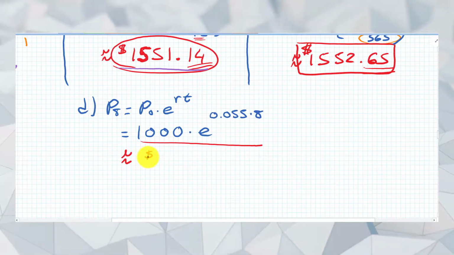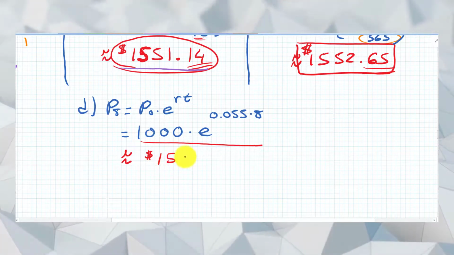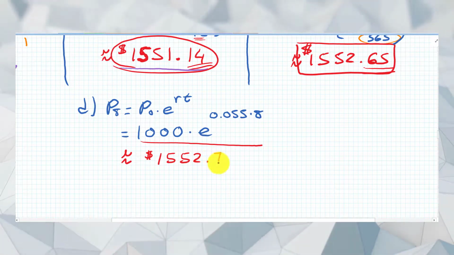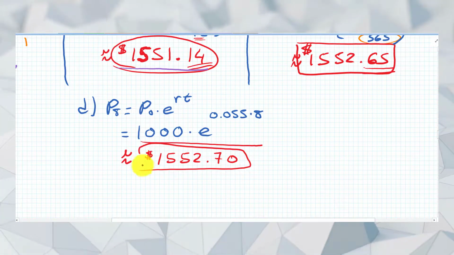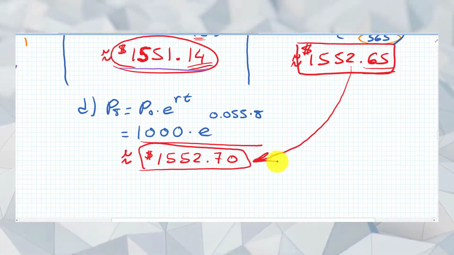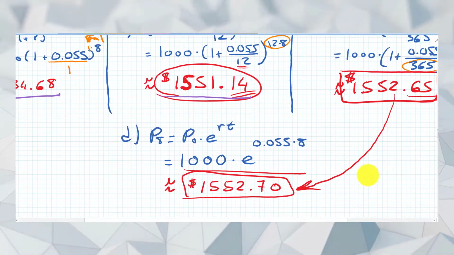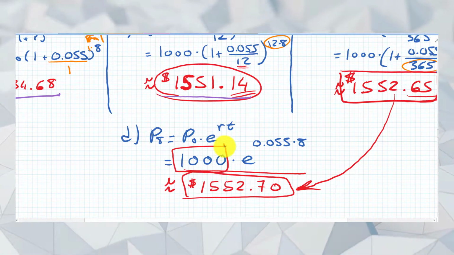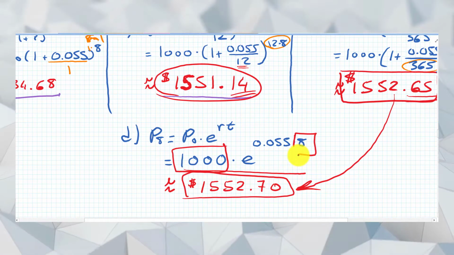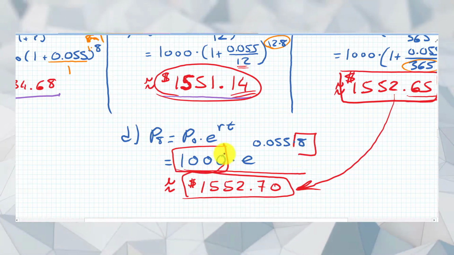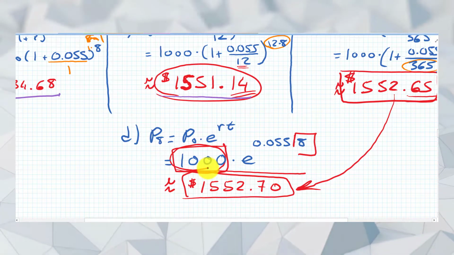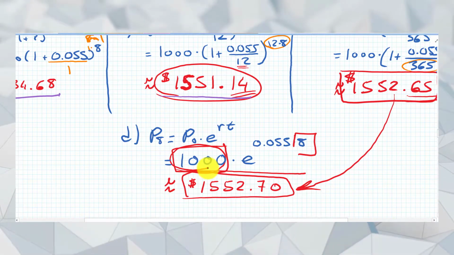So it is just 5 cents better than compounding daily. Now, of course, I just started with $1,000 and I just looked after 8 years. If you start with a higher amount, the difference may be a little bit bigger.